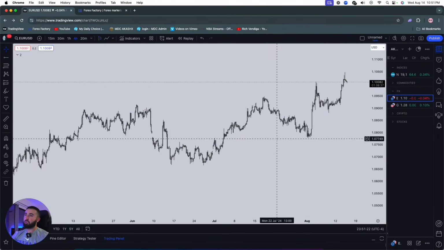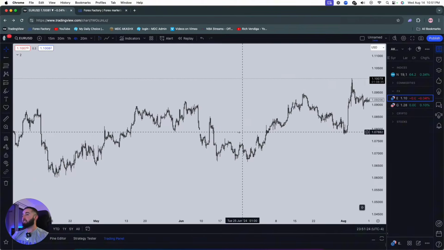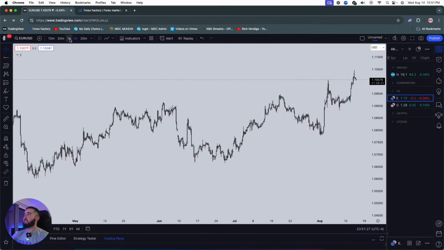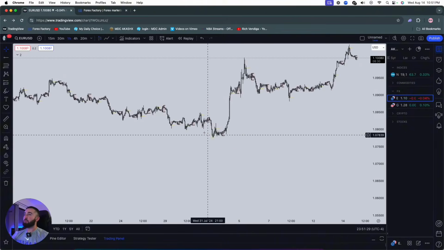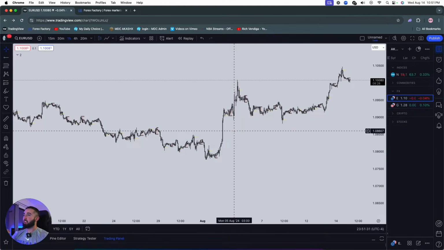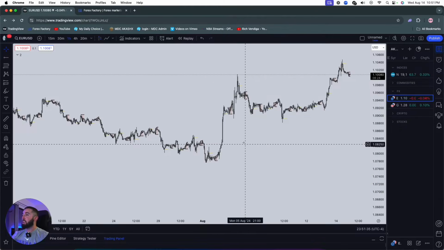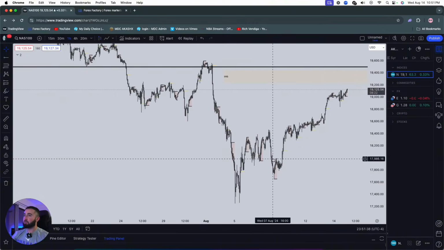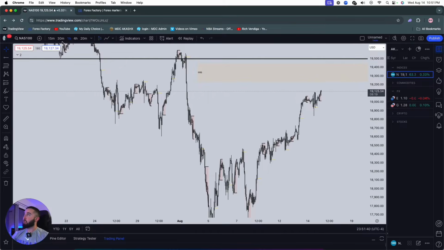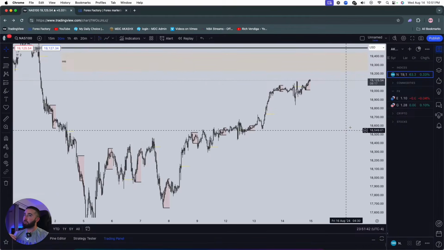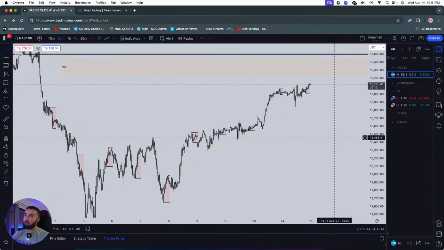I don't even know the numbers off the top of my head, but you can just look at a chart of Euro USD, and how much movement we're seeing in a trading session is nowhere in comparison to NASDAQ, where we are moving hundreds of points sometimes on a daily basis.